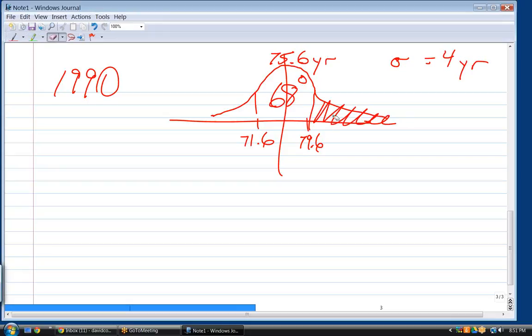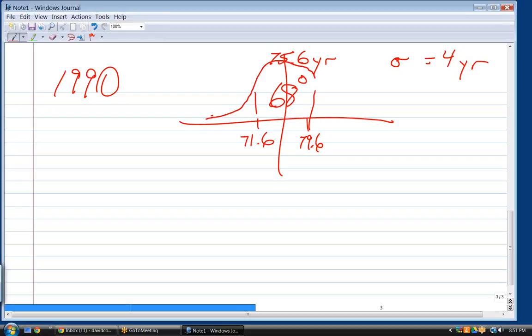Oh, I think I know what I did wrong. Okay, hold on. I didn't mean to erase my whole thing. But what's this percentage over here? And this? In other words, the rest of the curve is 32%, right? Equally split.